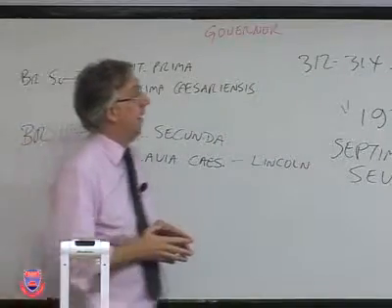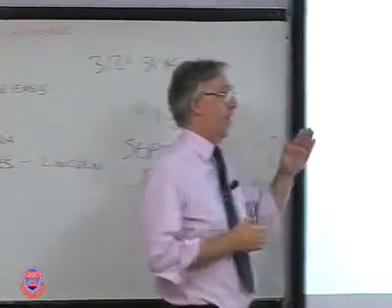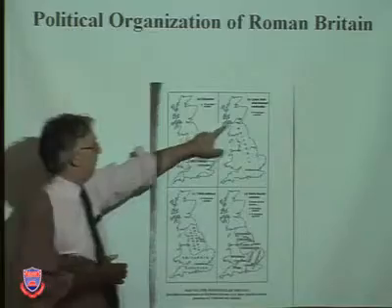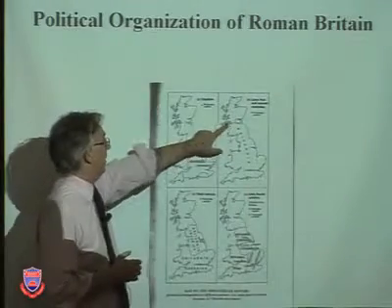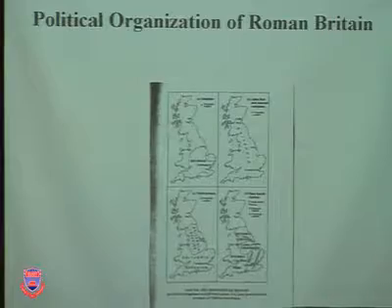And in the case of Britain, because it had what they call an active border, because it bounded onto regions which were outside the empire, his role was both administrative but also to some extent military.